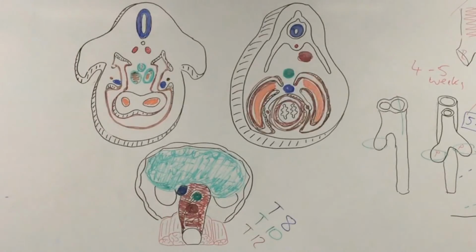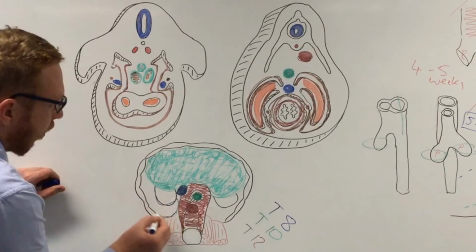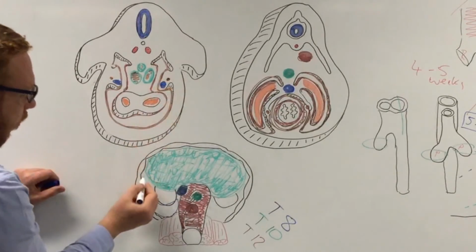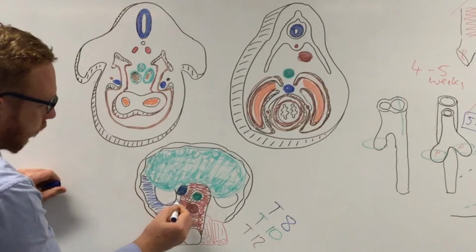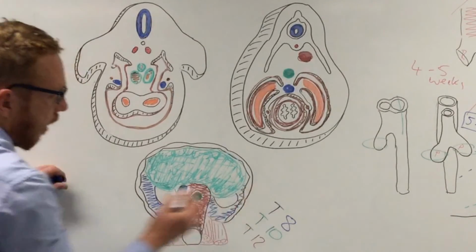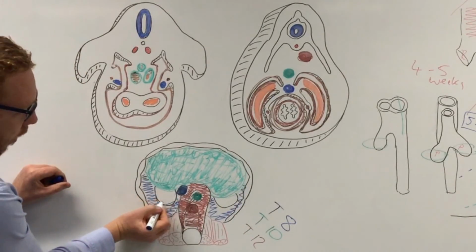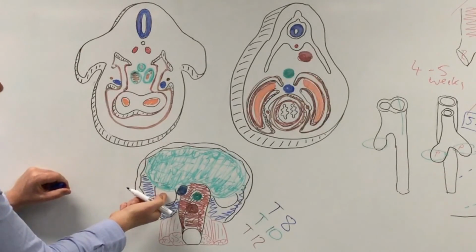That's the dorsal mesentery. The other part is this area here, which is the folds that we saw coming in like this. This is going to be the pleuroperitoneal folds, and they're going to come in from the side. Now initially we had a canal here through which you could communicate from the abdomen up into the thorax.